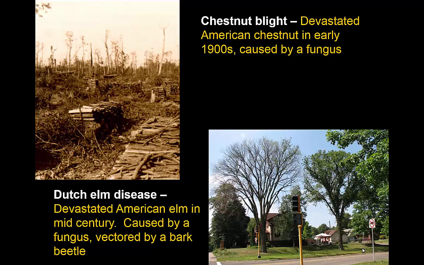In the more recent memory of many people, when Dutch elm disease first came into North America. This is a disease that is also caused by a fungus. It does happen to have a beetle that is assisting in its movement from tree to tree, but when Dutch elm disease came in, it took out American elm, which was at one time the most important boulevard tree, the most important shade tree that was used over wide areas of North America.